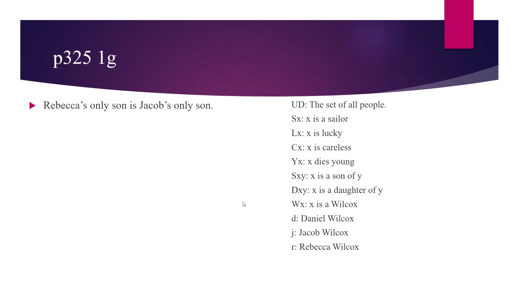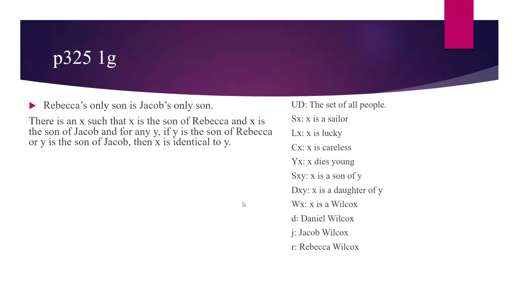Okay, next we have Rebecca's only son is Jacob's only son. So what we need to say here is that there is one person who is both the son of Jacob and the son of Rebecca. And if anyone's the son of either of them, then they're identical to this first x, right?